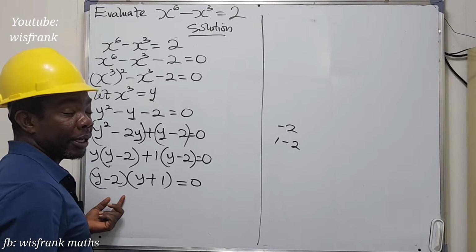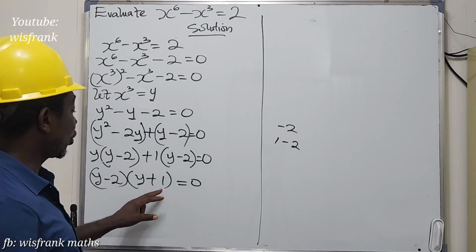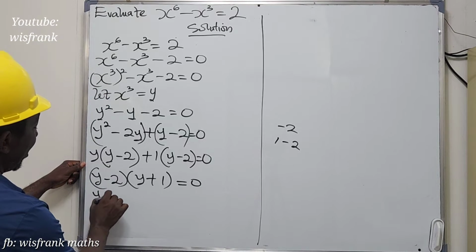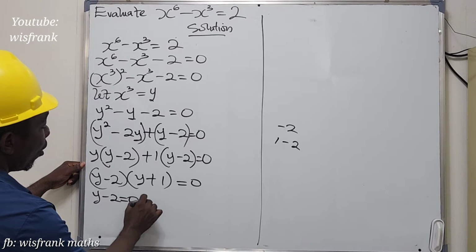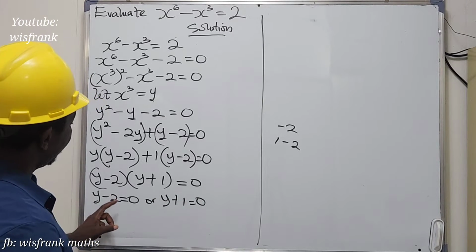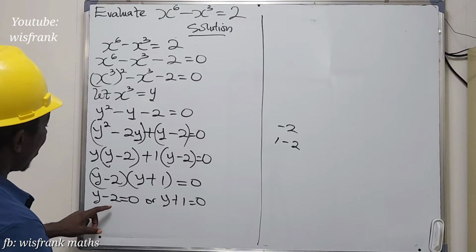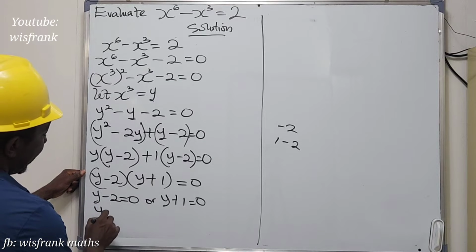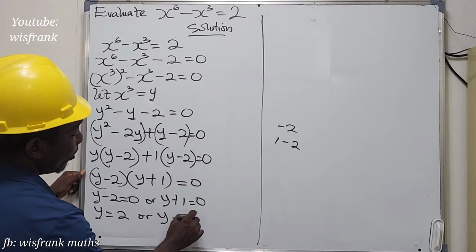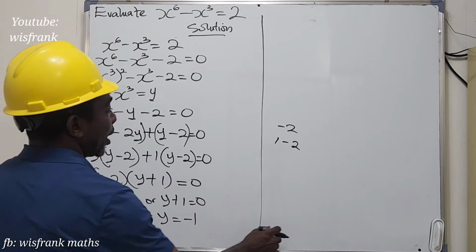It is either the first parenthesis equals 0 or the second parenthesis equals 0. So we take one after the other. We have y minus 2 equals 0 or y plus 1 equals 0. For the first one, y equals 2, or y equals minus 1. So this is what we have.